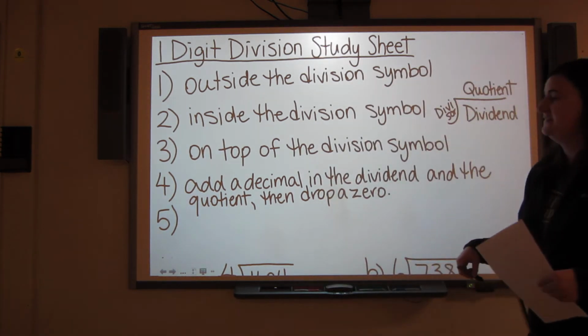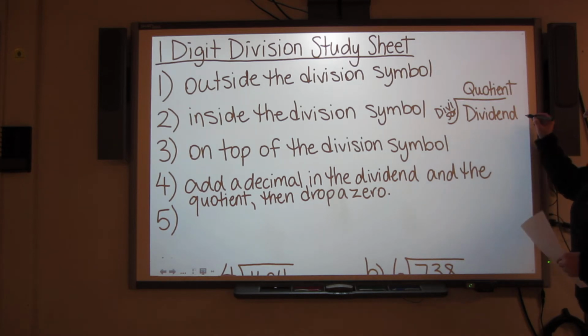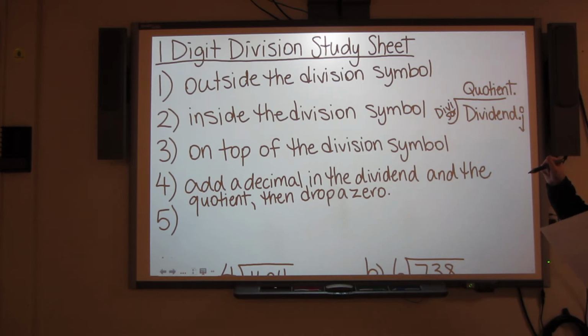And then you drop a 0. So, if you have a remainder, you add a decimal in your dividend, you add a decimal in your quotient, and then you can drop zeros to try to find out if you can get no remainder.